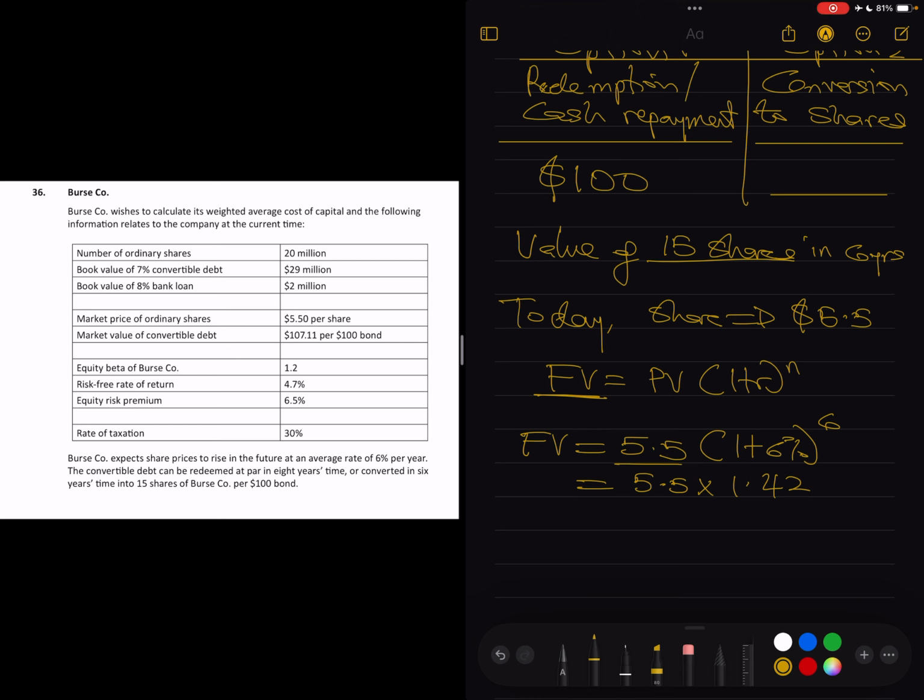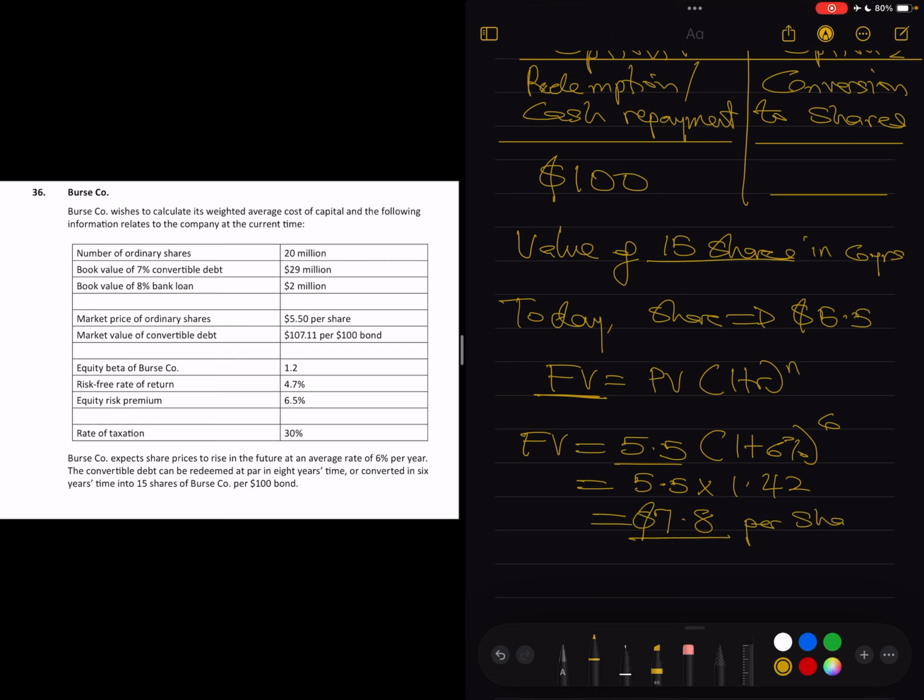So we have a share price that is given 7.8. That equals $7.8 per share in 6 years' time.